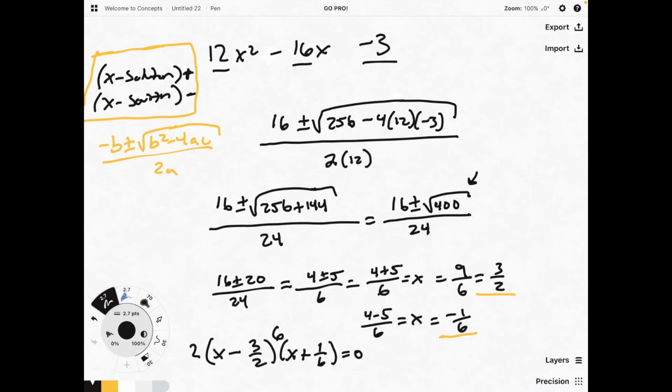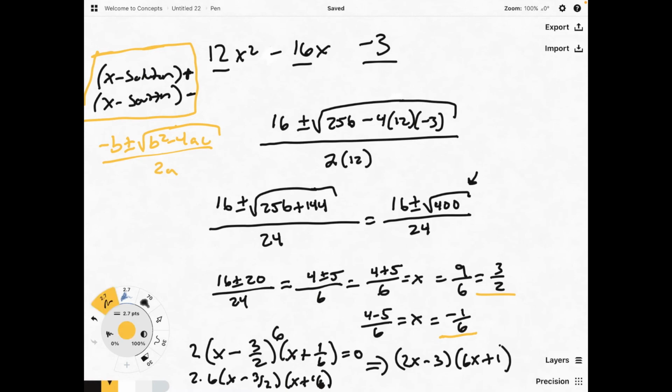So this could be written as 2 times 6 times x minus 3 over 2, x plus 1 over 6. All I did was just move the 6 to a different location. And when we do that, we're going to get 2x minus 3, and then multiplied by 6x plus 1.